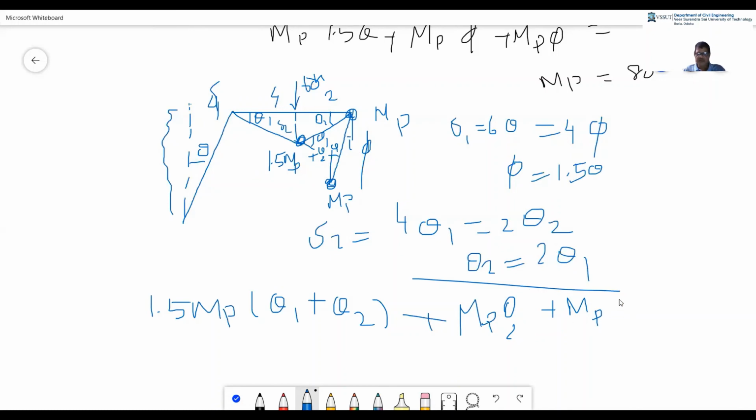So MP into 5, MP into 5 plus MP into 5. These are the things we have found out.